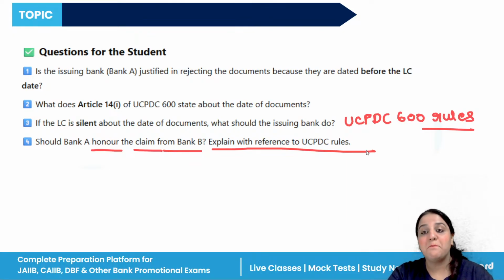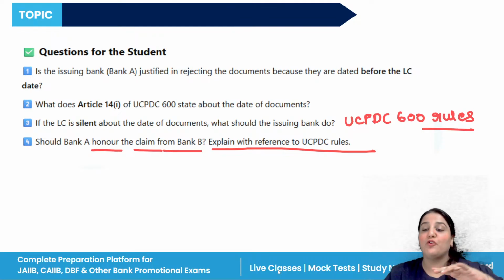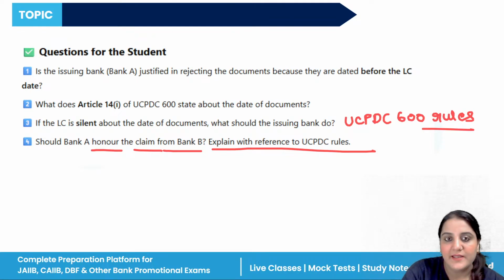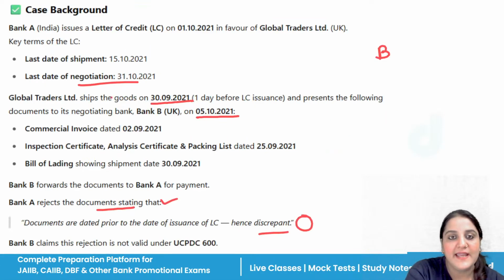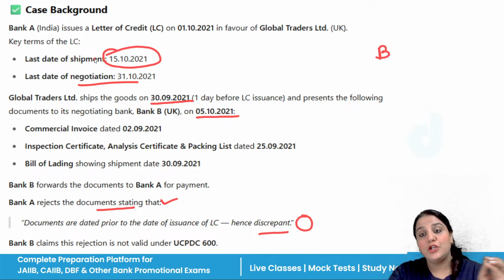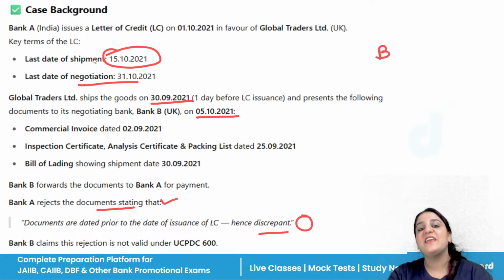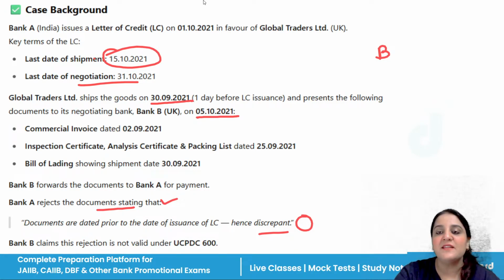Yes, because the shipment was made before the last shipment date, that is 15th of October 2021. The documents were presented within the negotiation period, and the documents are not dated later than the date of presentation. So obviously there is no explicit LC term prohibiting these documents.